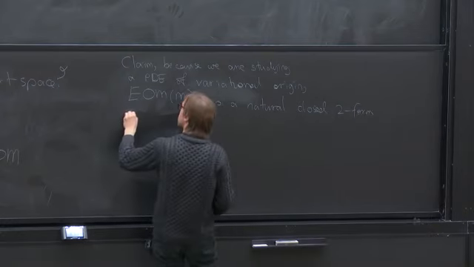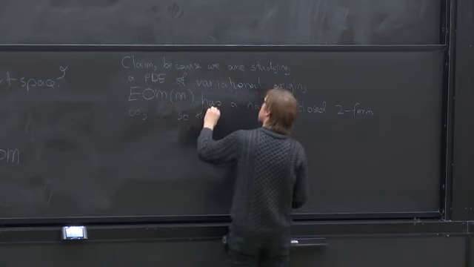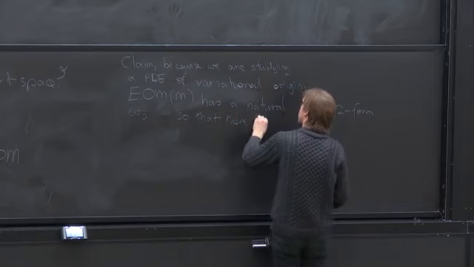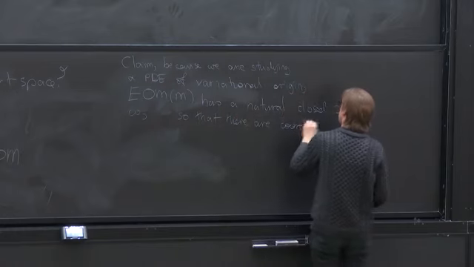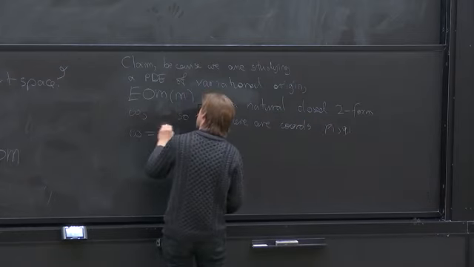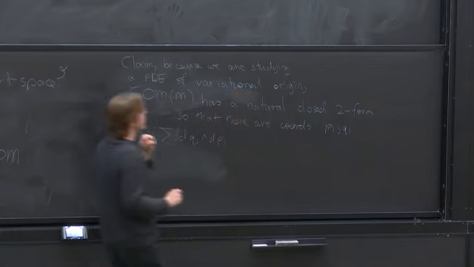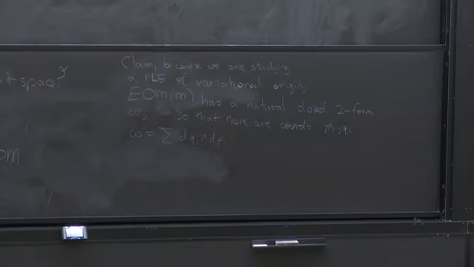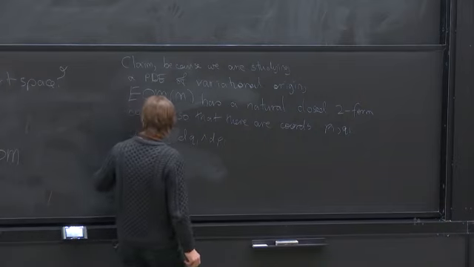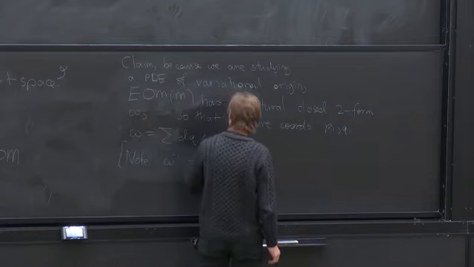Call it omega, so that there are coordinates p_i, q_i, where omega is equal to the sum of dq_i wedge dp_i. People might be familiar with the Poisson bracket, and this is just the same thing. Omega inverse is what's called the Poisson bracket.